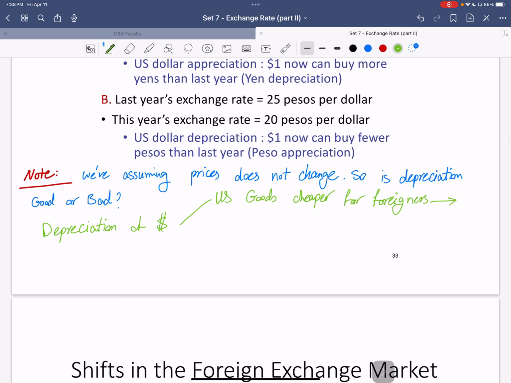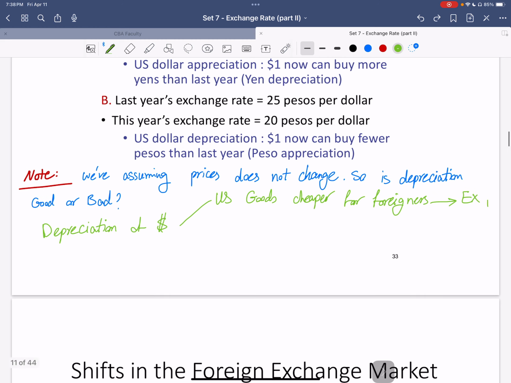So we're going to experience an increase in exports, and foreign goods will be more expensive for US citizens.